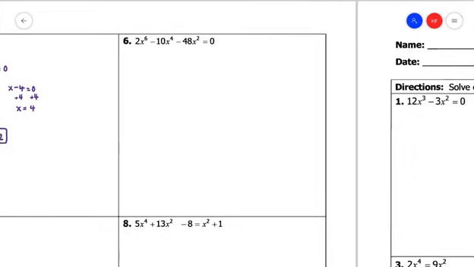On number 6, my coefficients are 2, 10, and 48, and then my powers are 6, 4, and 2. So I know that I can take a 2 out of all of my coefficients, and I can take out a power of 2 since it's the smallest on all of my x's. So that leaves me with x to the 4th minus 5x squared minus 24 equals 0.